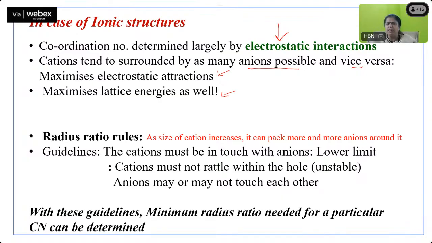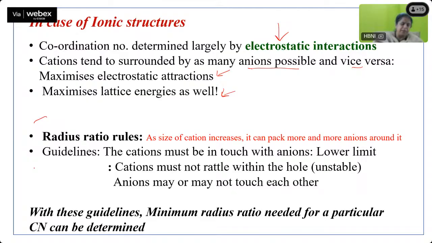What is a lattice energy? Even if you don't remember the definition, how nicely and strongly your lattice is put together, that determines its lattice energy. How difficult it is to break it, that is the lattice energy. Okay. So more attraction, more strength of the bond, and maximization of lattice energy.